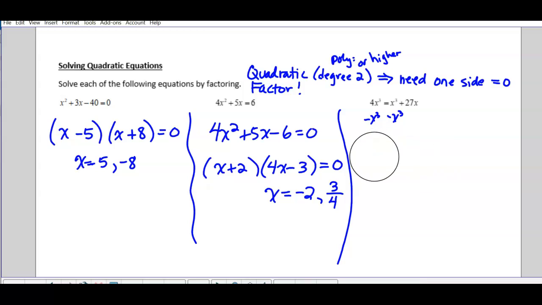So I'm going to do all of this at once. So I'll get 4x cubed. Actually, I won't show the steps for it. That's 3x cubed minus 27x equals 0. Okay. So basically, just bringing that over, subtracting it, bringing the 27x over, so it's subtracting, and you have 0.